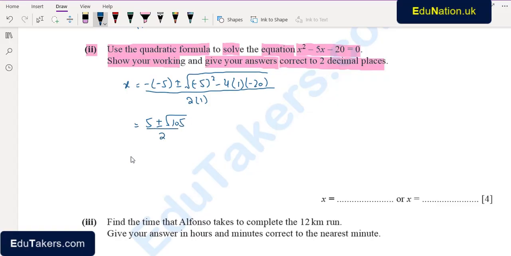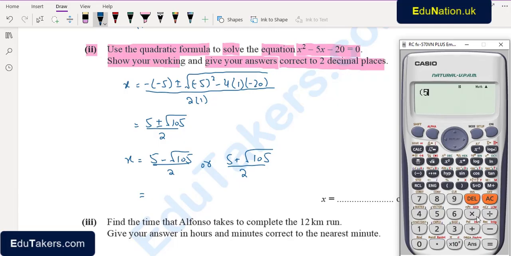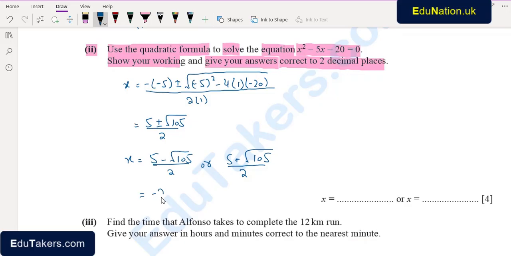Square root over 2. Now x is equal to 5 minus square root of 105 over 2, or it will be 5 plus square root of 105 over 2. 5 minus square root of 105 over 2 is minus 2.62, correcting to 2 decimal places.